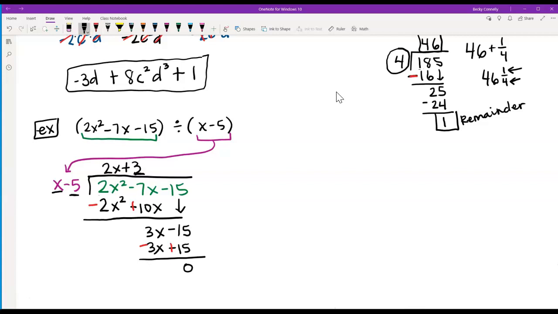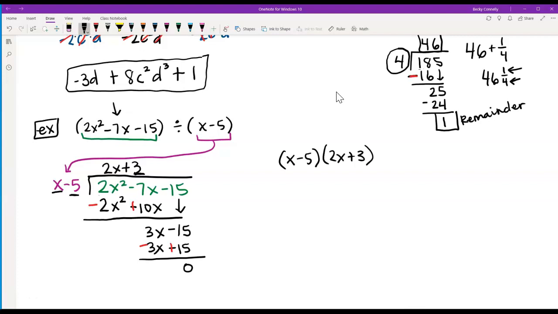So that means that this divides in evenly, right? And so that means that these two things are factors. So I'm going to write something out here. So if I did x minus 5 times the answer I came up with, that 2x plus 3, and I multiplied those together, do you see that I would come up with this trinomial that I was dividing by?